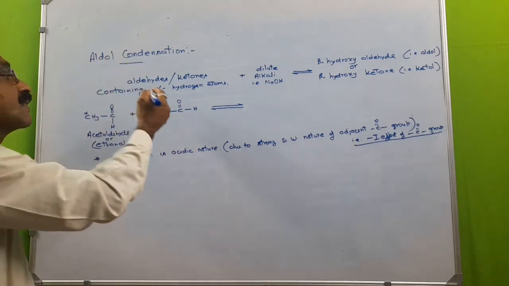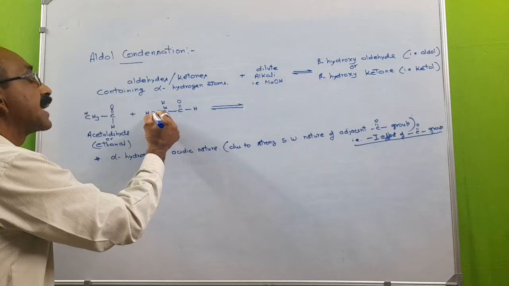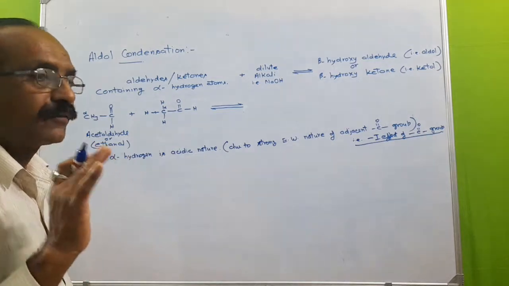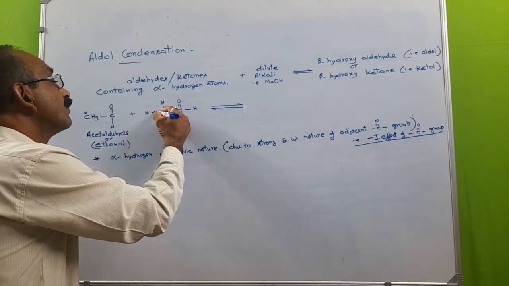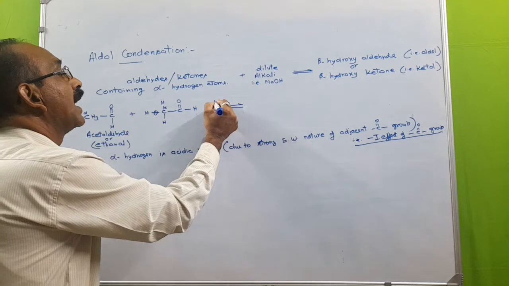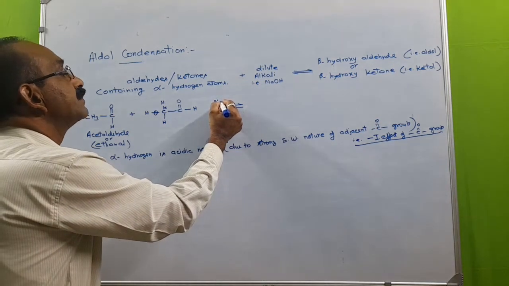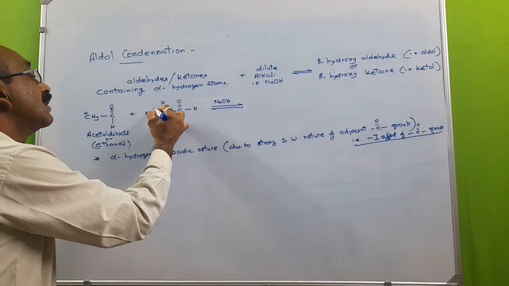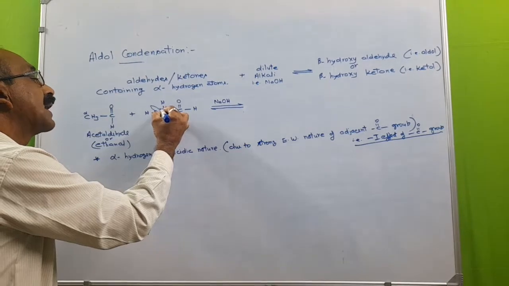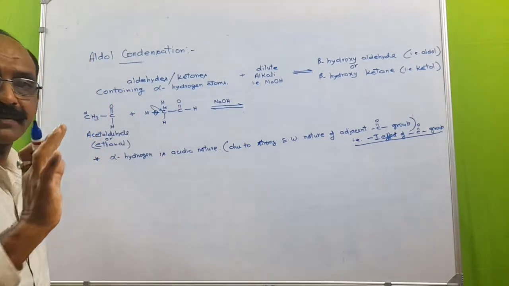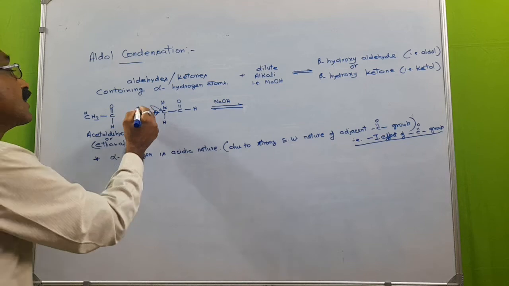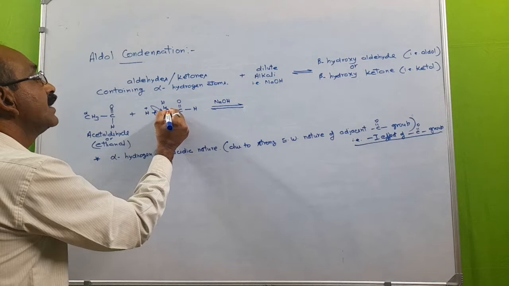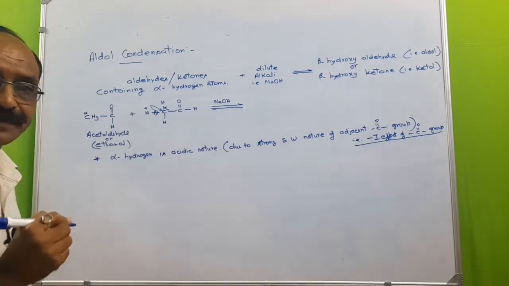What will happen? As this alpha hydrogen is acidic, it has a tendency to set free in the form of H plus. So under the influence of an alkali, the OH bond electrons shift over the alpha carbon, so that this alpha hydrogen sets free as H plus, and this carbon now acquires a negative charge.